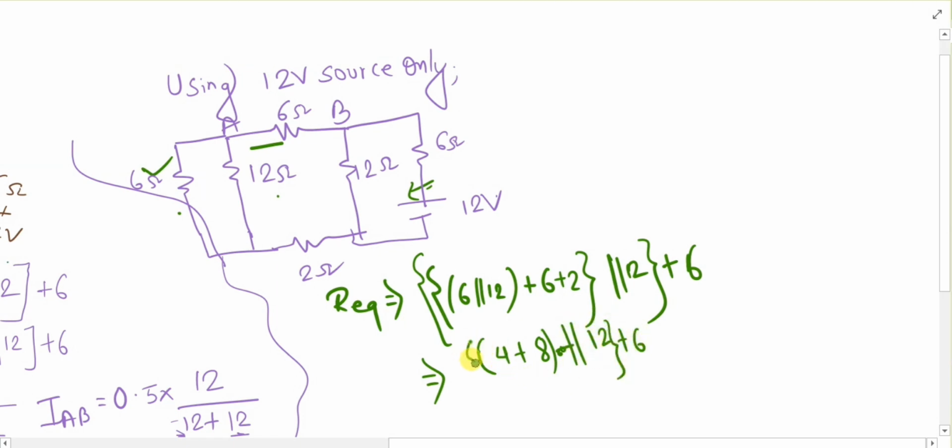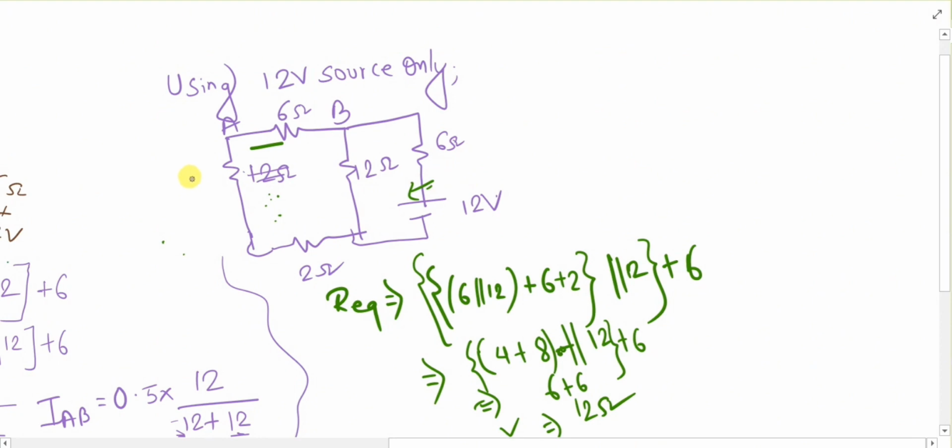Means 12 parallel with 6 plus 6 is equal to, again, 12 ohm as the answer. Once you acquire the R equivalent in the given circuit, you can replace these two resistors by a single resistor, as they are in parallel. So now you replace 6 and 12 in parallel with each other, which gives 4 ohm.